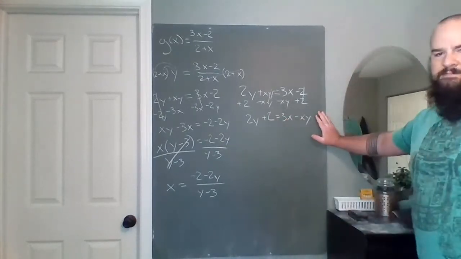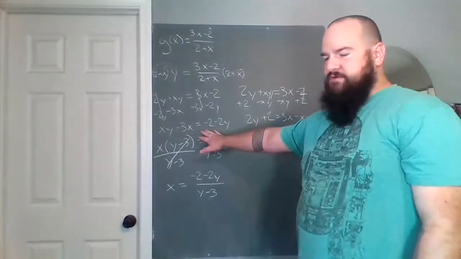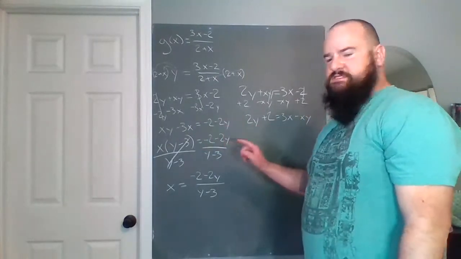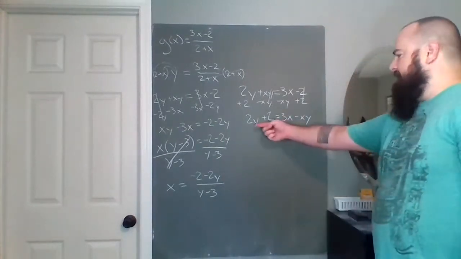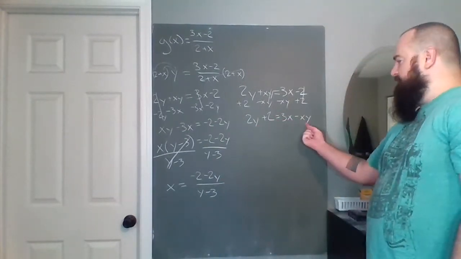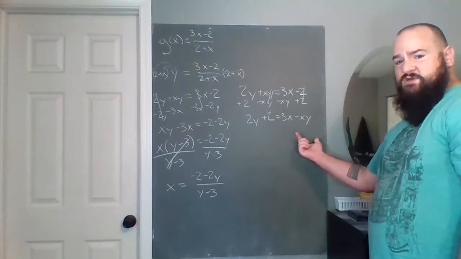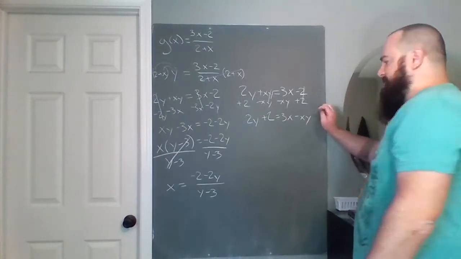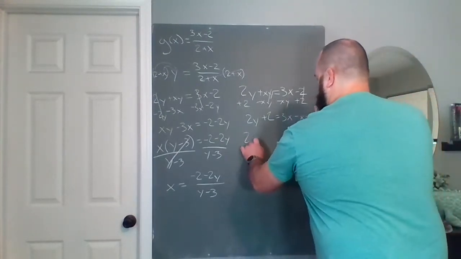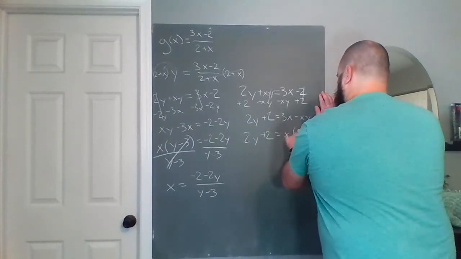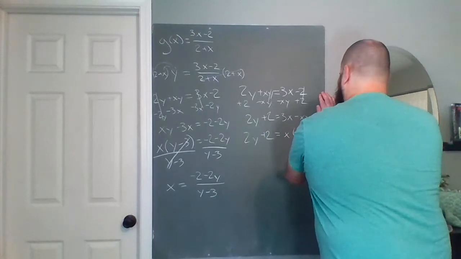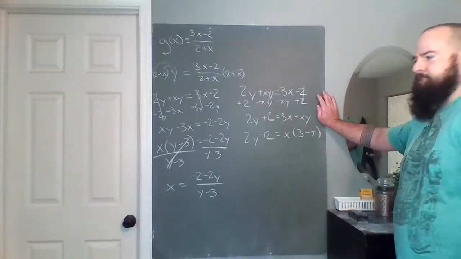So very similar to what we had over here, except the things are on the opposite sides and everything's the opposite sign. And so again, I have no x's here, I have x in both of these, but I can't combine them because they're not like terms, but I can factor that x out. So I get 2y plus 2 equals x times 3 minus y.